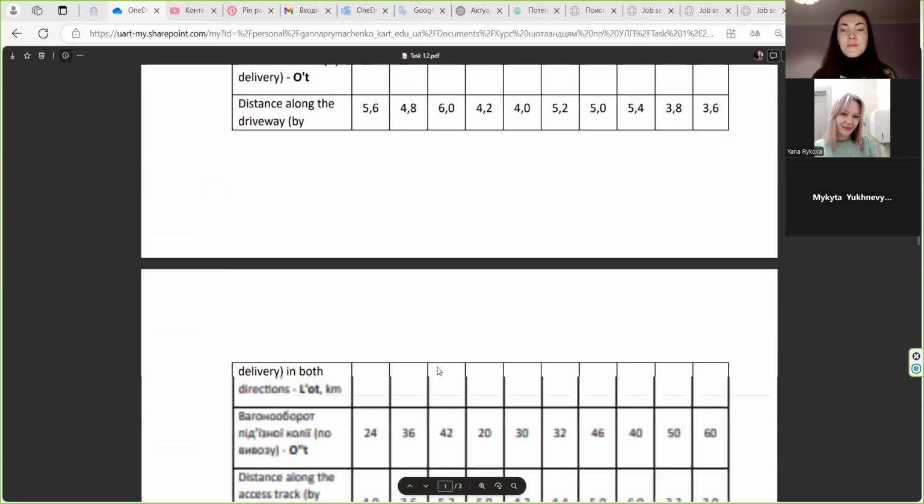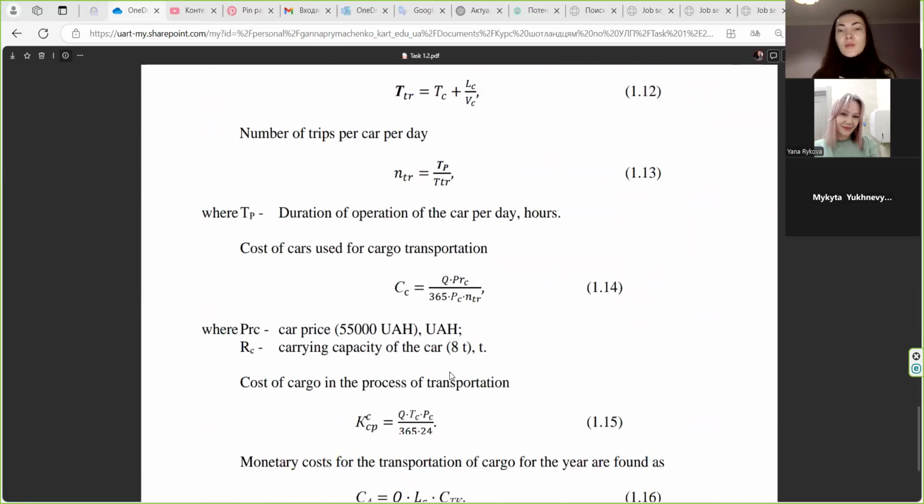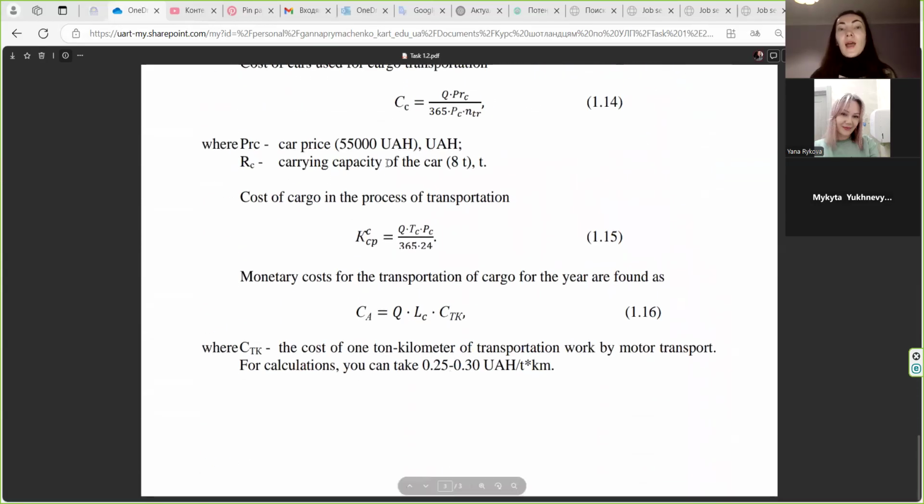Okay, come back to our formula 1.15 and divide all this, and go to our denominator and use 365, how many days in 1 year, and multiplied by 24, how many hours in 1 day. We use these parameters and the result will be in hryvnias, and we use two digits after the comma.